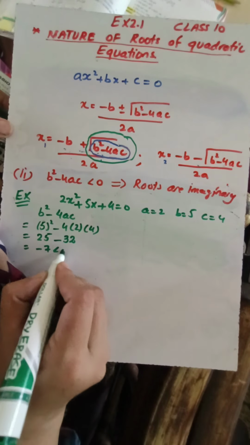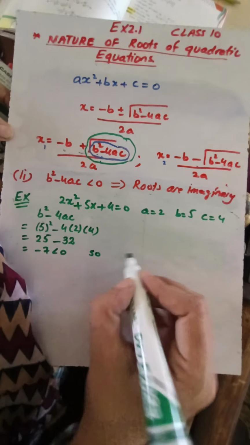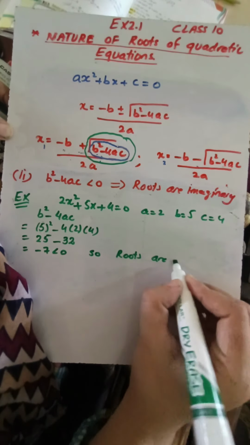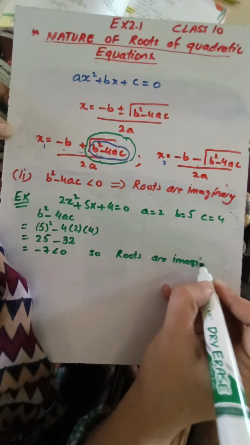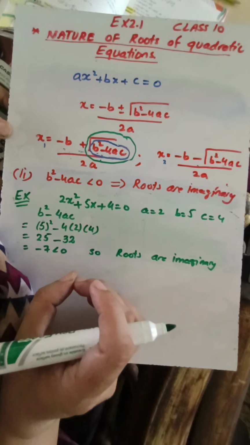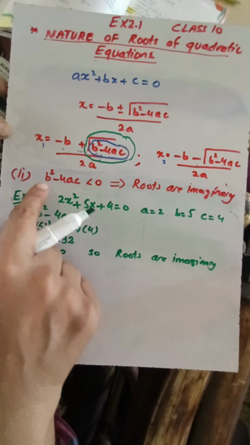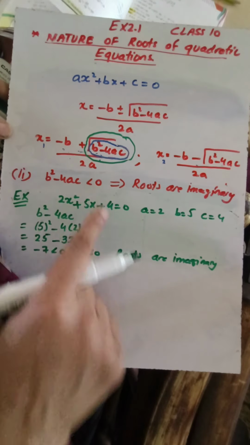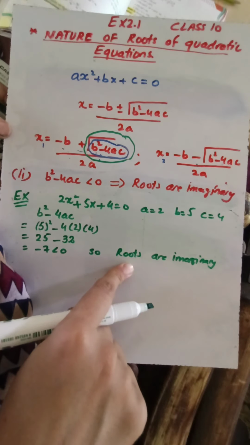As it is less than 0, we will say that the roots are imaginary. So it's simple. If you want to know the nature of the quadratic roots, you just need to calculate this factor. If it comes out to be less than 0, you can declare that the roots are imaginary.